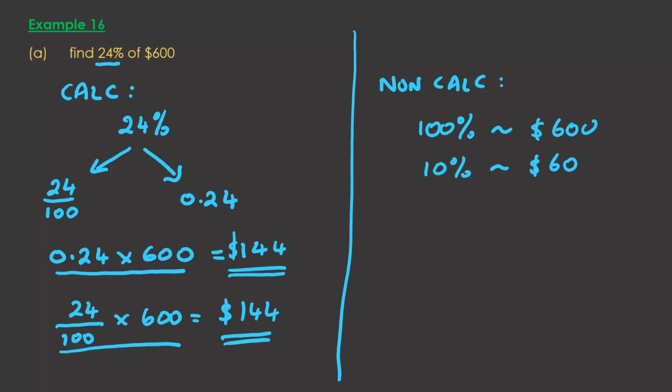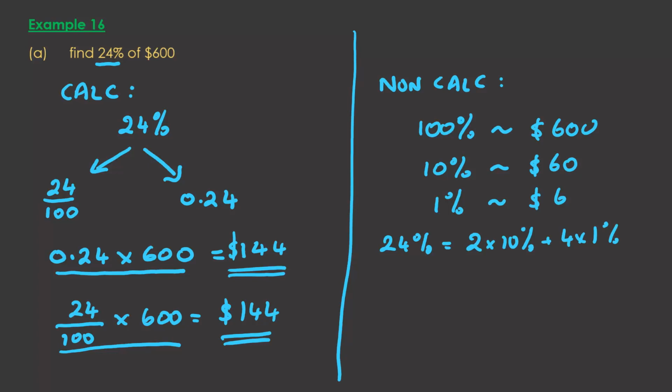That would be $60. And 1%, well, just divide by 10 again, would be $6. Now, to get 24%, we're just going to do 2 lots of 10% and 4 lots of 1%.